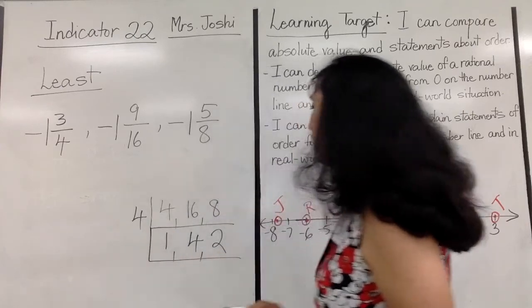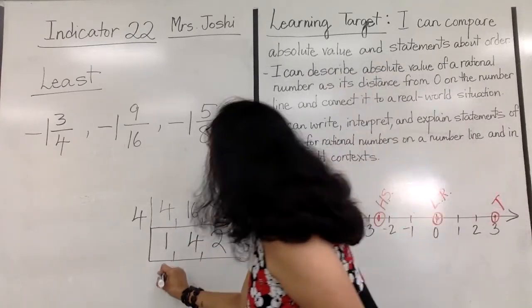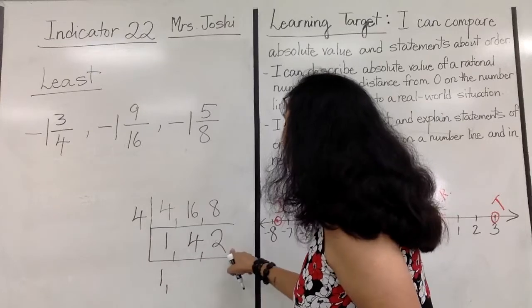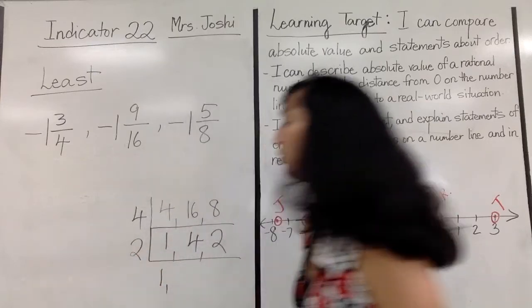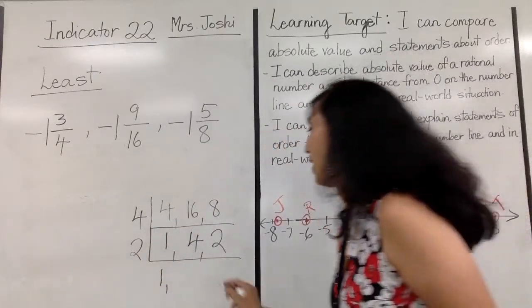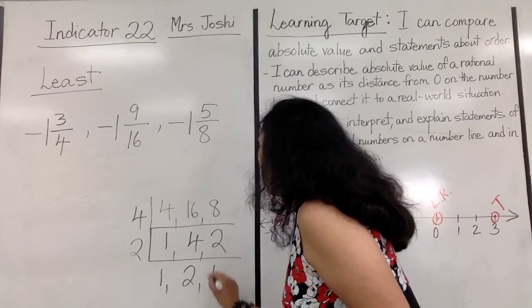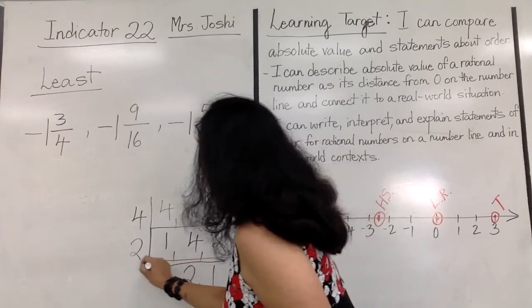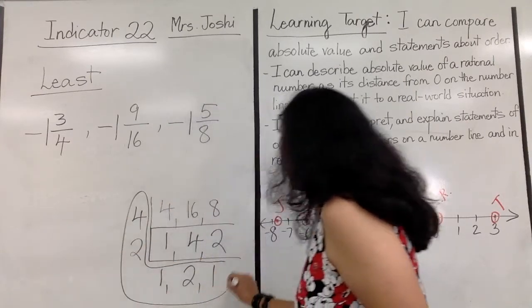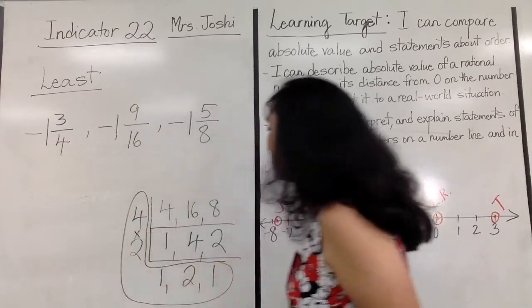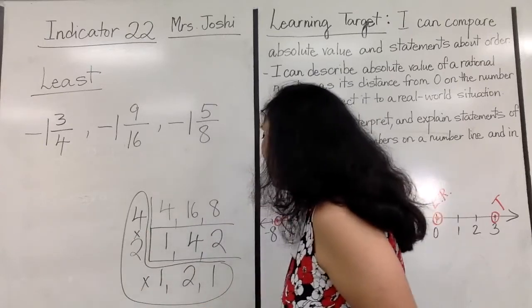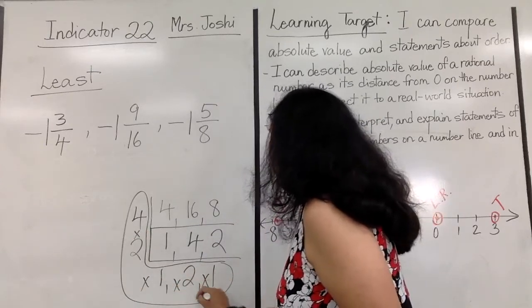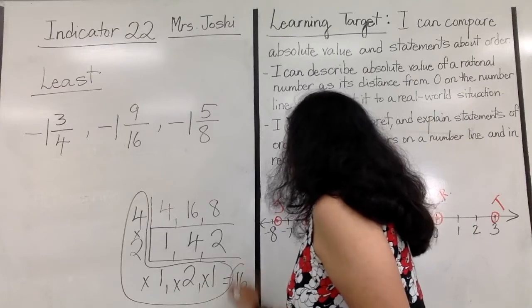Okay, now when I look down over here, I can see that 1 is already in the simplest form, but 4 and 2 are still divisible by 2. So then I get 2 over here and I get 1 here. Now there's nothing common here, so I multiply for my LCM. 4 times 2 is 8, times 1 is 8, times 2 is 16, times 1 is 16.